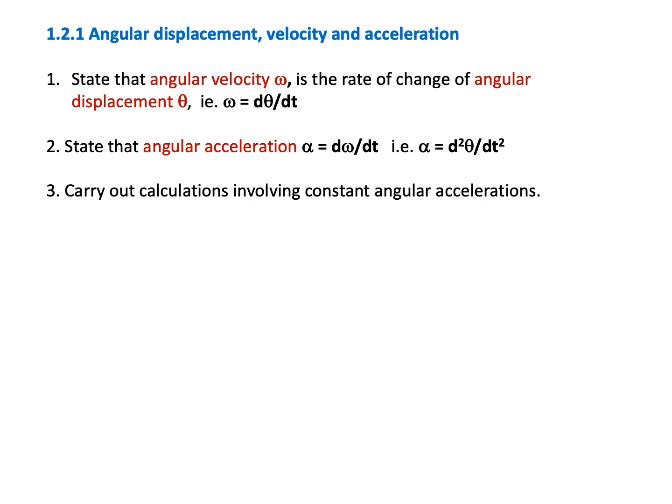Secondly, we'll look at angular acceleration given the Greek letter alpha, and we'll use all 3 of these terms in what essentially are angular equations of motion. Okay, so it's going to be fun. Let's get going.